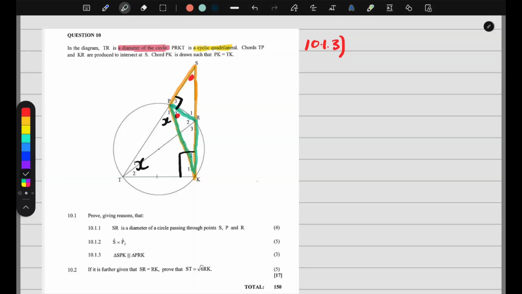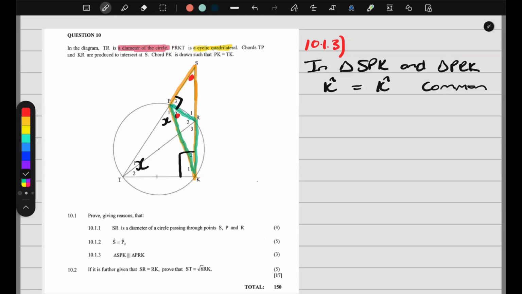So because the one is inside the other, they have a common angle. So in triangle SPK and triangle PRK, K is equal to K. That's common. So we just need one more angle, eh?